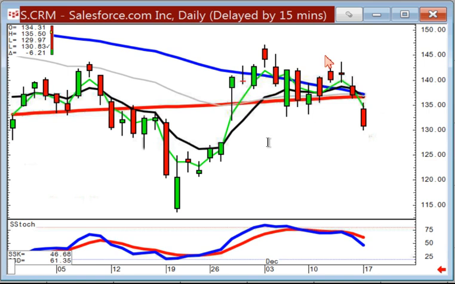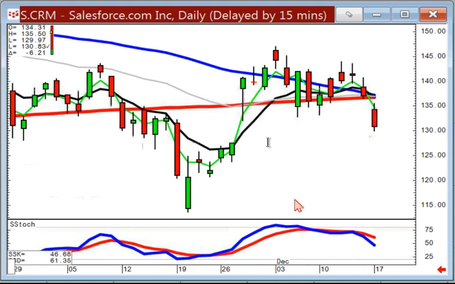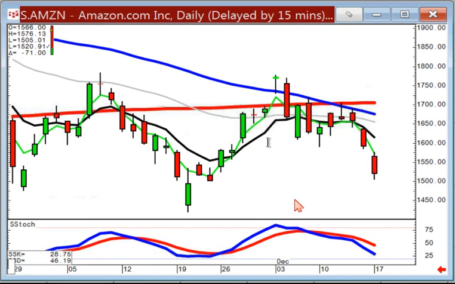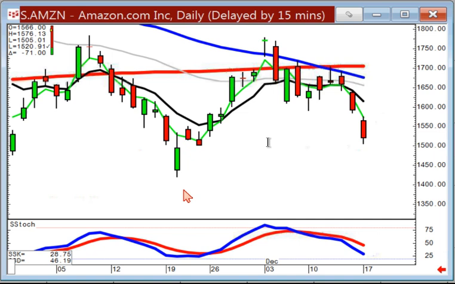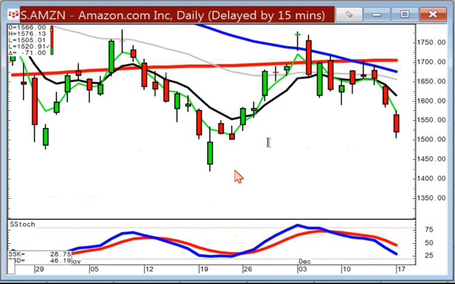Doji, gap down, gap down. There's a gap to fill right here. That's probably at least your first target. I think we did Amazon. Amazon, if you're short, you stay short. Left-right combo, failure at the 50. I would look for it to at least come down into this area.